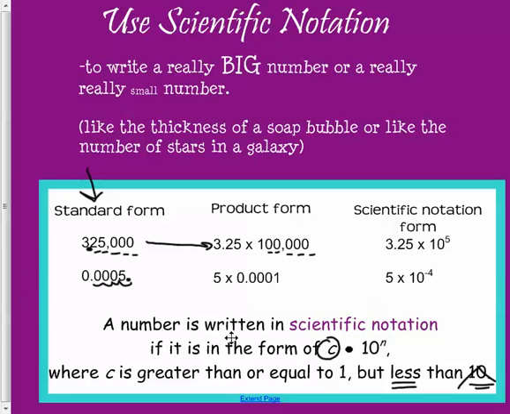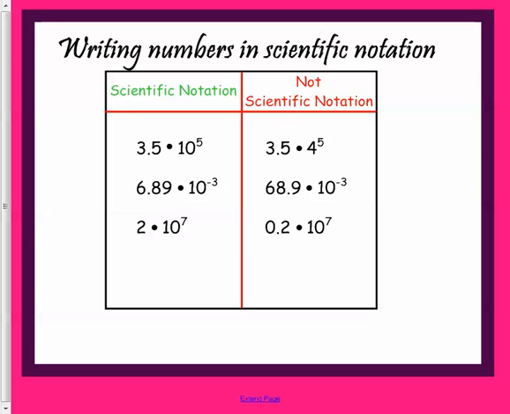Now, if we look at this, it has to be a base of 10 to the power of some number. So here are some examples and non-examples. 3.5 times 10 to the 5th power is okay. Over here, 4 is not okay to have as a base. Here, 6.89 times 10 to the negative 3rd power.